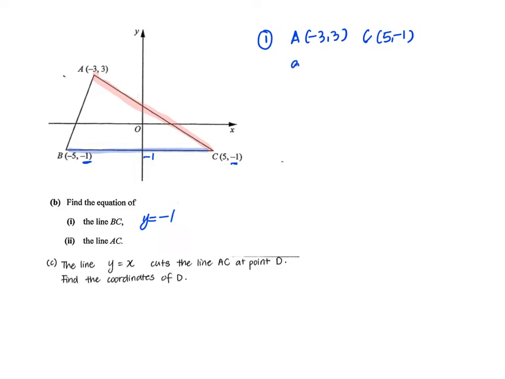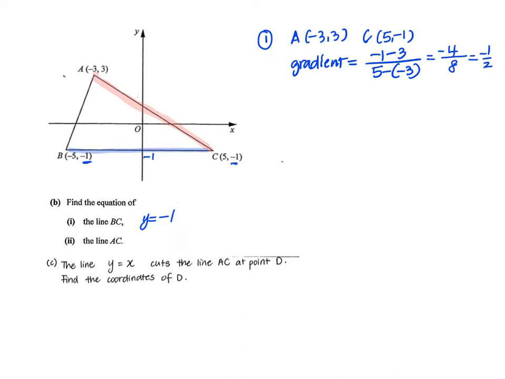I'm going to find the gradient first. Gradient equals, what formula? Well, y2 minus y1 over x2 minus x1. Be careful of the negative sign for this bracket over here. This will give me -4 over 8, which is -1/2.